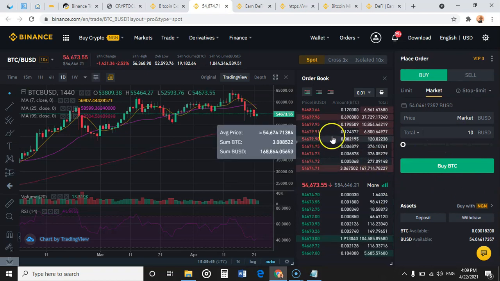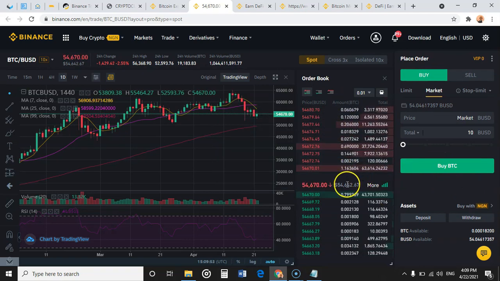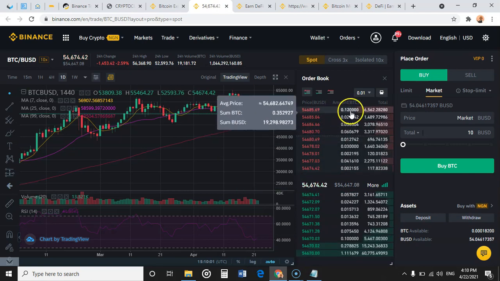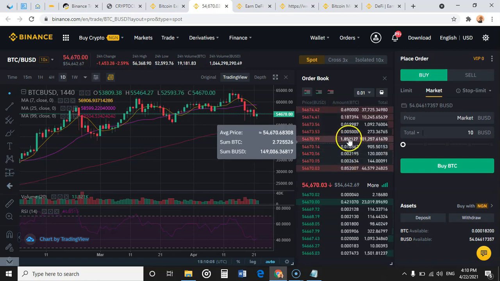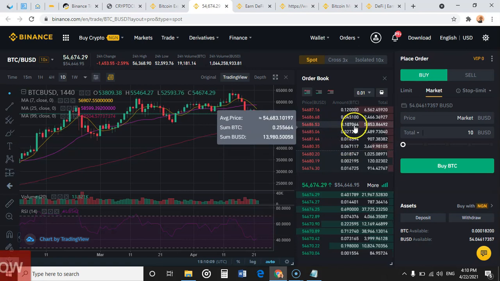Now, this is the order book. The order book shows the live transactions. You can see someone is trying to buy 0.12 Bitcoin at this price here. Another person is trying to buy 1.85 Bitcoin at this price. Sorry, someone is trying to sell.